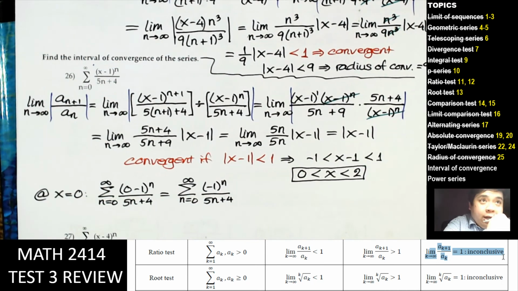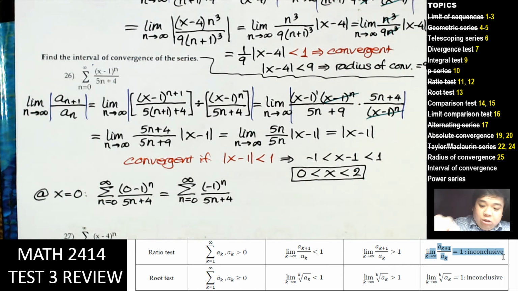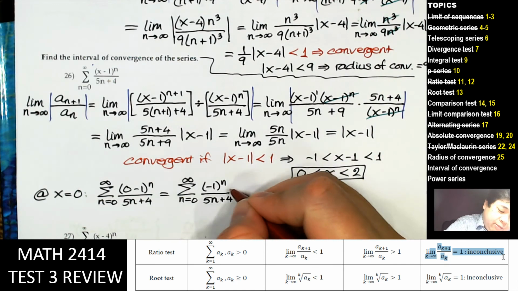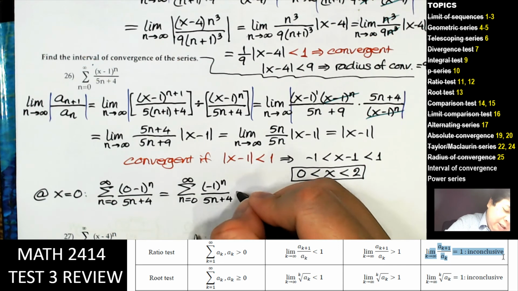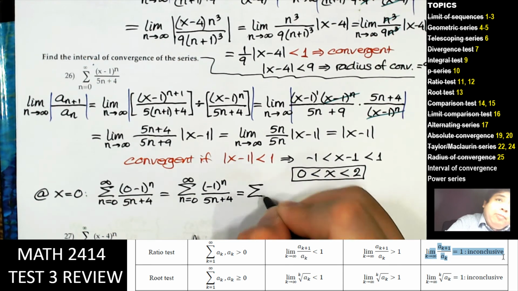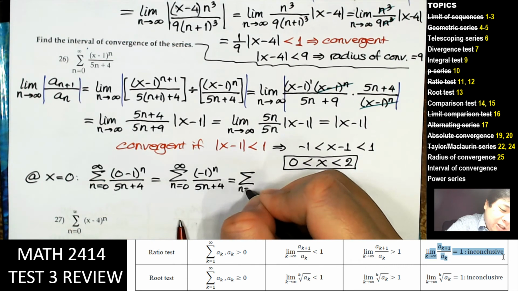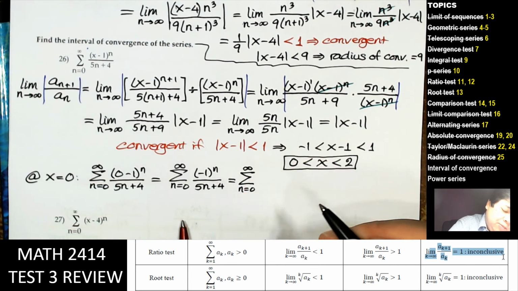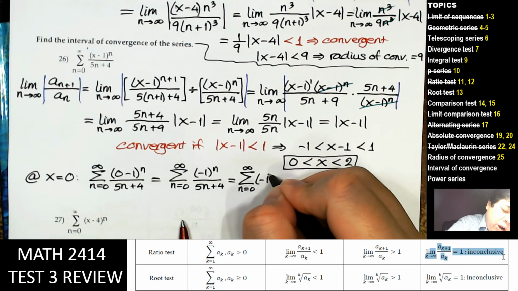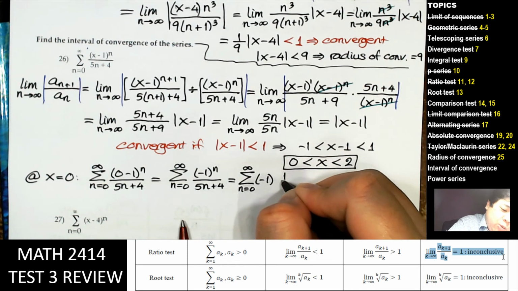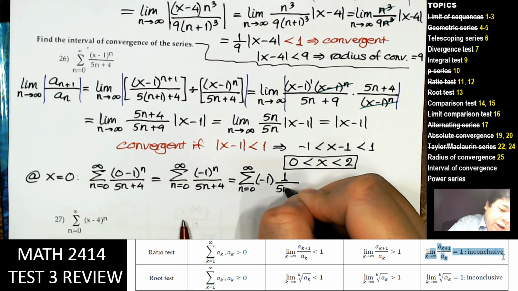Right, this is of course with the negative, so that is an alternating series, and as mentioned before, we need a lot of space in this one. I will write negative 1 here, and then we just say 1 over 5n plus 4.